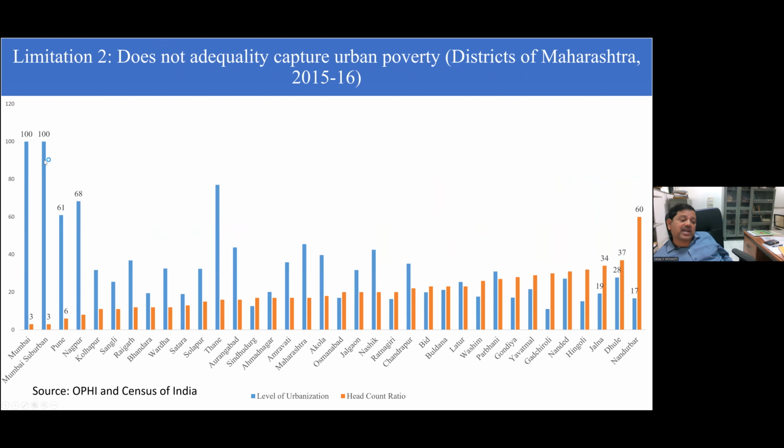These are the districts of Maharashtra. On the left panel, you can see those are the districts which are highly urbanized. The more urbanized a state or region, possibly we can find a much lower extent of multidimensional poverty. However, it is not adequately captured possibly in this context.